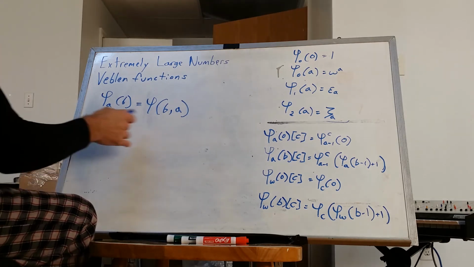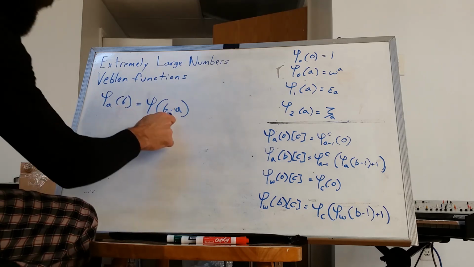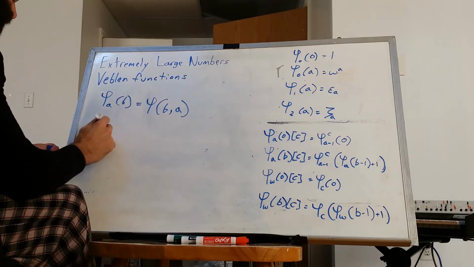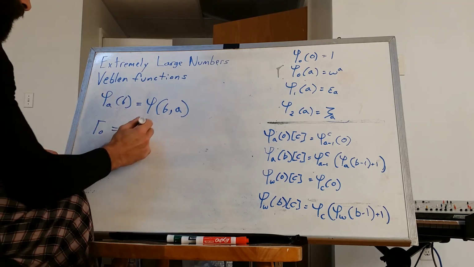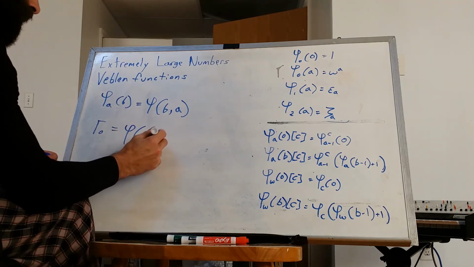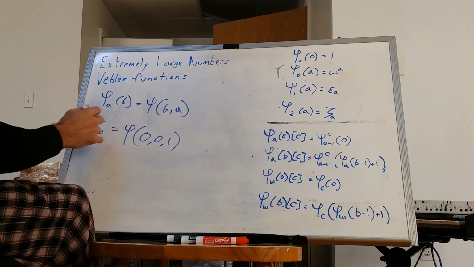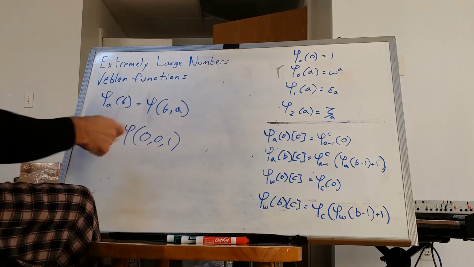The reason why this is beneficial when you get to things like gamma naught is because then you can add arguments inside here. So gamma naught in our extended Veblen function is going to be phi 0, 0, 1. Now we have a way of writing this without having to write down a whole bunch of phis. It's just a much easier way to write this with one function.